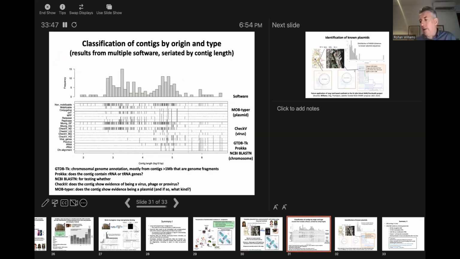I probably don't have time to talk about this plot, but we can assemble this data and reconstruct a relatively small number of contigs. And here we're just trying to combine the results from different programs to understand what they are, separating out the chromosomal fragments from those reconstructed from viruses and plasmids, and the kind of plasmids that they are.